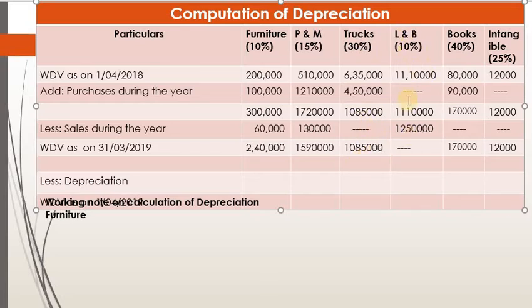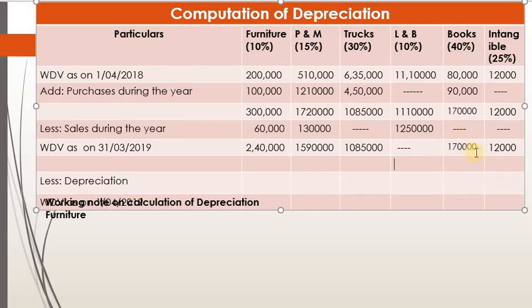Then land and building, which was purchased initially, the value was 11,10,000, but it is sold for 12,50,000. So the value is 11 lakh but it was sold for a higher amount. So there is no written down value because only land and building was there. Now there is no land and building after sales. So there is a capital gain of the difference, 12,50,000 minus 11,10,000.